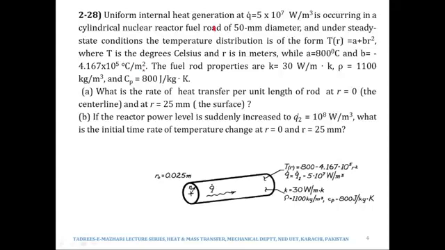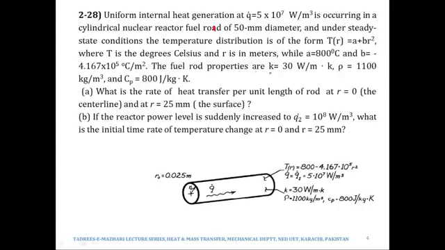Kindly note that the units of A would be the same as the units of T, whereas the units of B would be degrees Celsius over length squared, because the units of A should be the same as the units of temperature, and the units of Br² should be the same as the temperature units. So therefore the units of B would be temperature per square meter, because it is being multiplied with r².